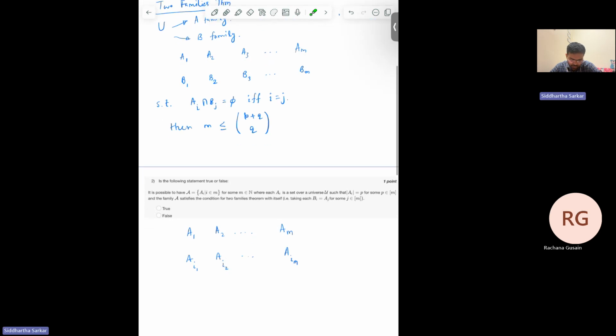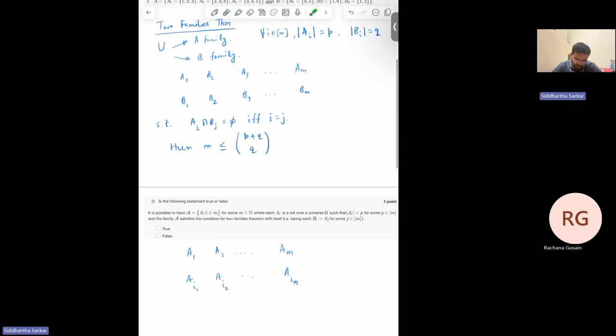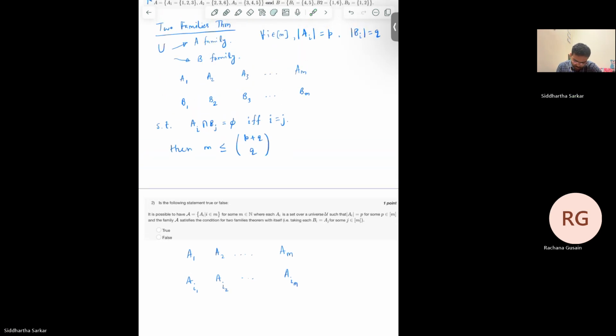So let us take a concrete example. I'm going to take some of the sets. A1 is 1, 2. A2 is 1, 3. A3 is 1, 4.